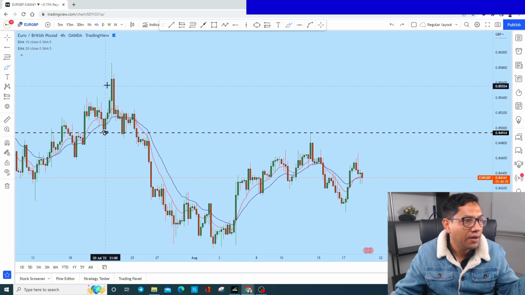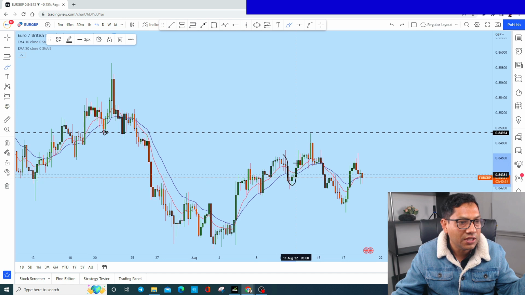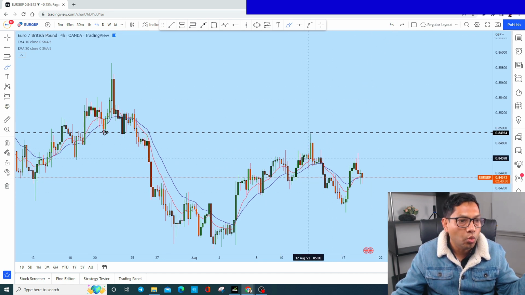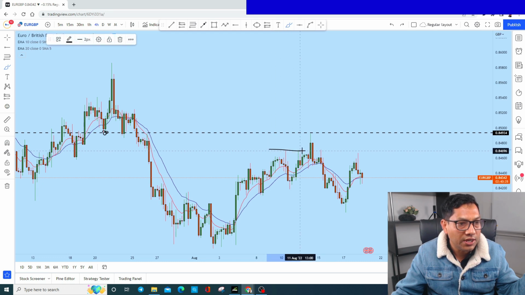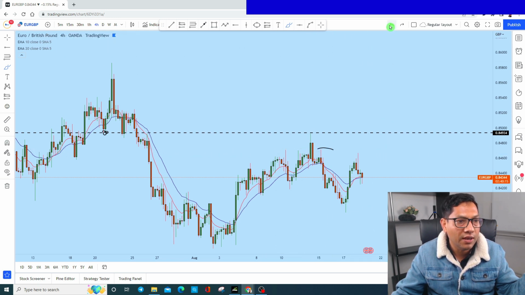The same thing happened in the way the price action has created a head and shoulders. You can see there is a head and shoulders created, and with that head and shoulders there is one level here. This is also an order block, and every time the price approached this order block, we see a series of lower highs created.